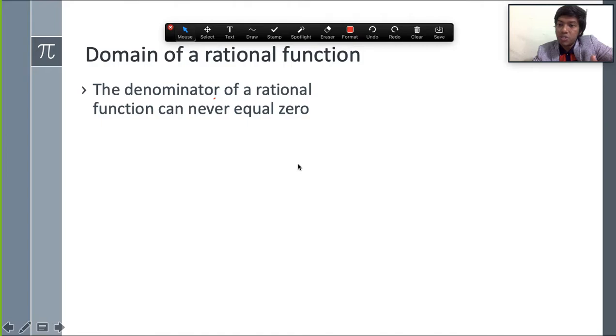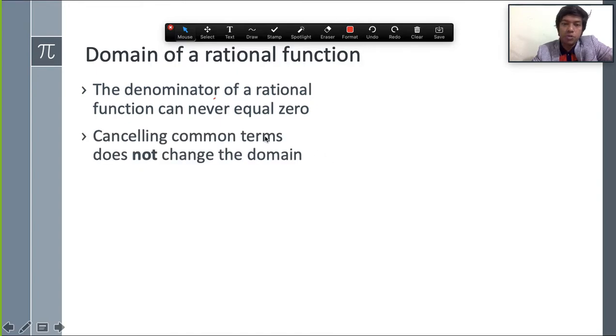We cannot put some numbers or sets of numbers into a given function. So in a rational function, the problem is with the denominator, because the denominator cannot be 0.